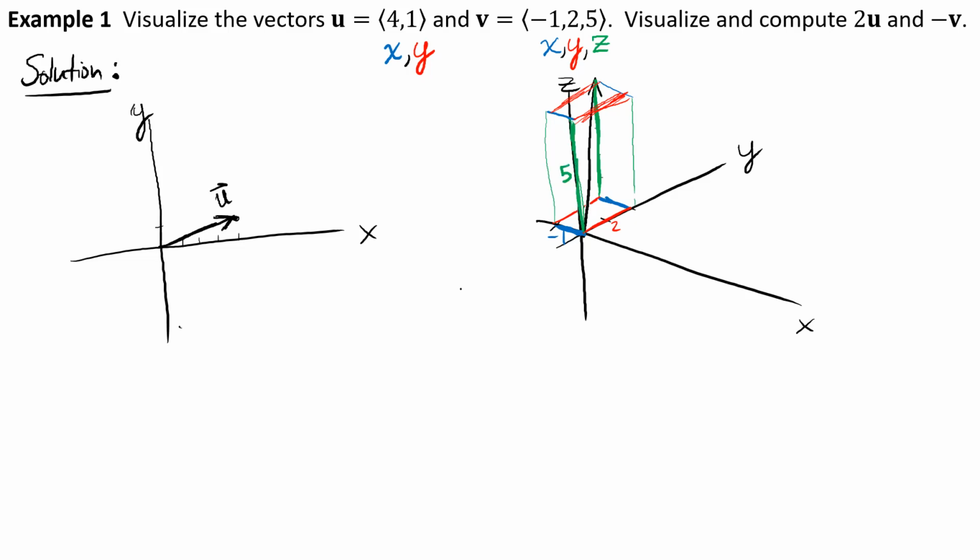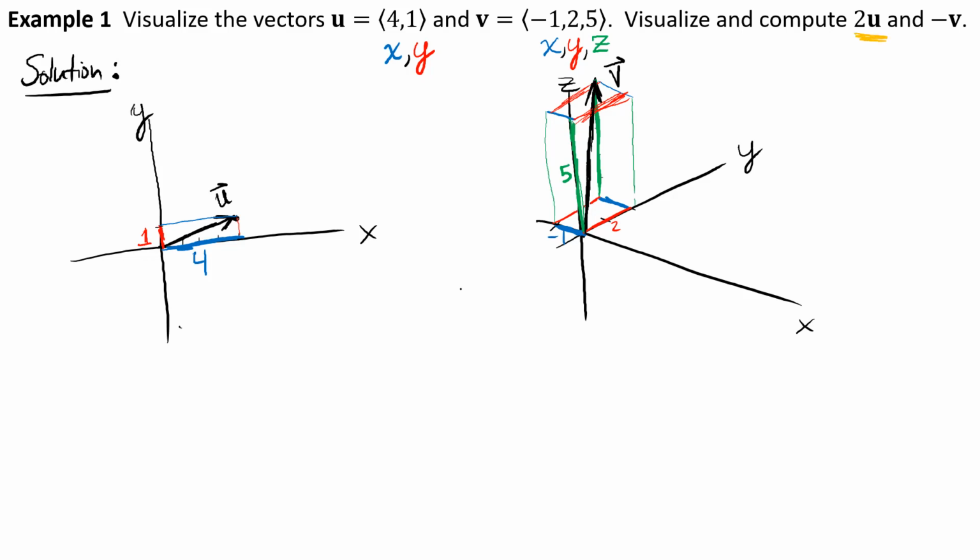And then v is the vector that goes across the diagonals of that rectangle, starting at the origin and ultimately making it to the opposite side. In much the same way that over here, u was found by walking 4 units along the x-axis and 1 unit along the y-axis.